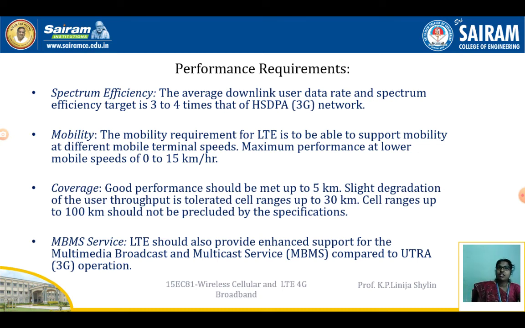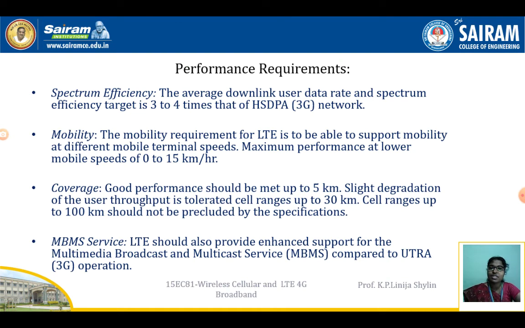The average downlink user data rate and spectrum efficiency target is 3 to 4 times that of the HSDPA, the high speed downlink packet access used in the 3G network. Mobility: LTE is able to support mobility at different terminal speeds.